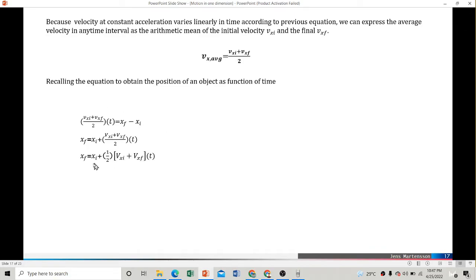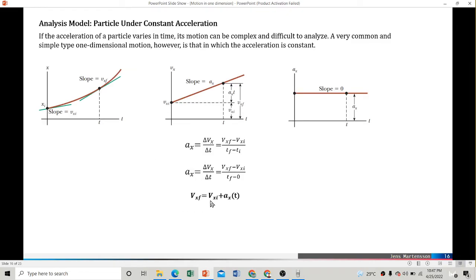Then x final is equal to x initial plus 1/2 times vxi plus vxf times the t. Then we know that our vxf is equal to vxi plus axt.